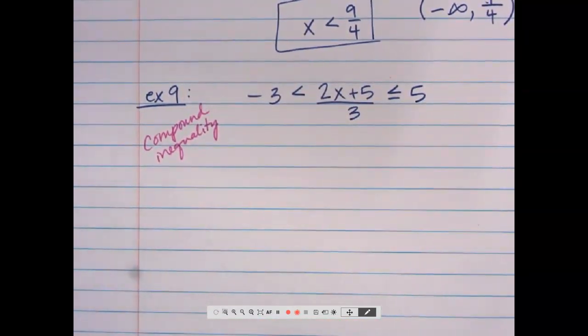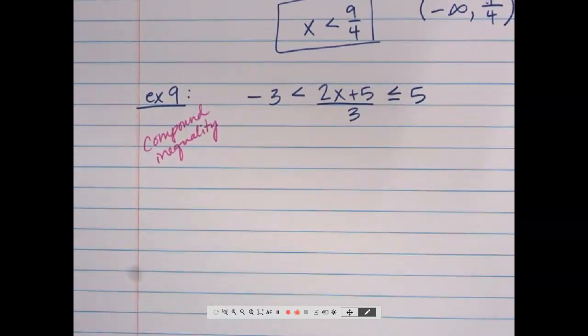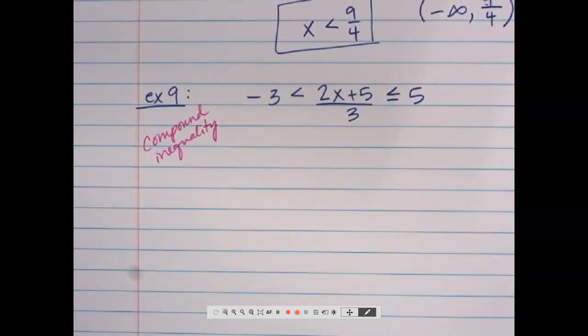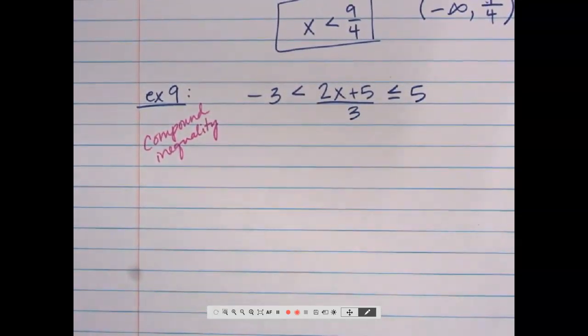It's just 3 combined in one statement rather than your normal 2. So compound just meaning more than 2. Okay, but I'm going to treat this exactly like I did the others. I'm going to leave them as a compound statement, but I'm going to do the same thing to all 3 parts, whatever it is I'm deciding to do.